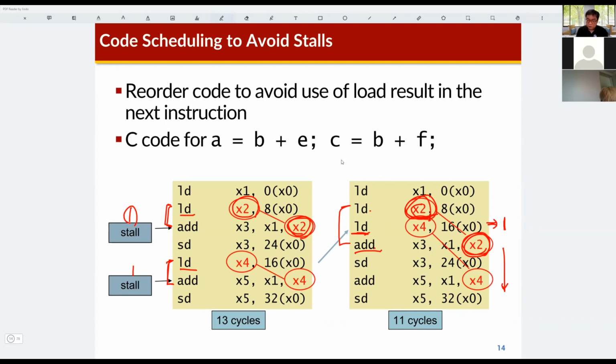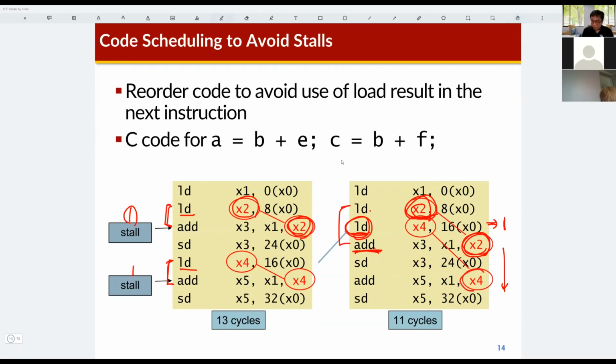So because of this independent load instruction, the add instruction will be executed 1 clock later. But during this slot, another instruction can be executed. So we can reduce the required number of clocks with this optimization.